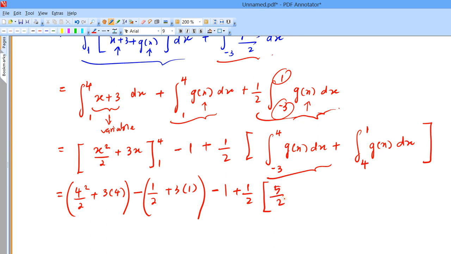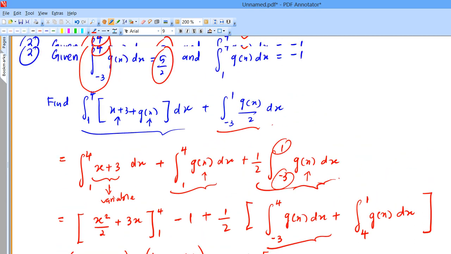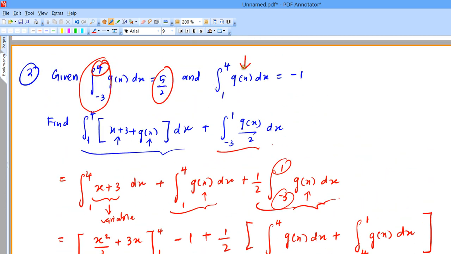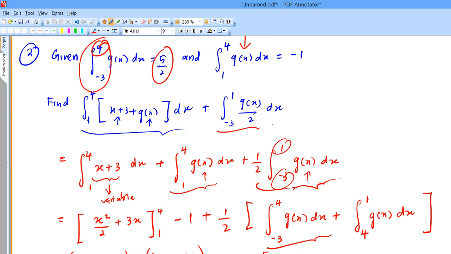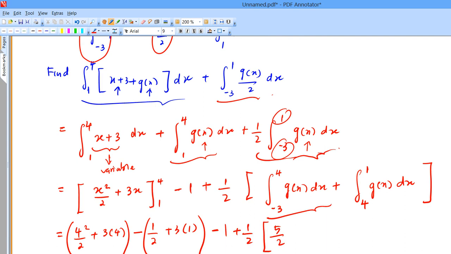And then for the second, the integral of g(x) dx from 4 to 1, based on the given information we have 1 to 4 equal to -1, so for 4 to 1 we just put negative, so negative of -1.